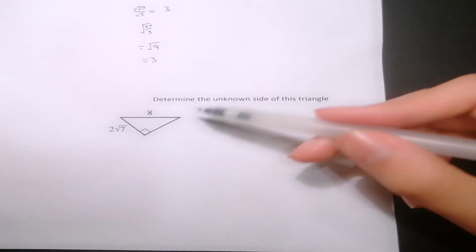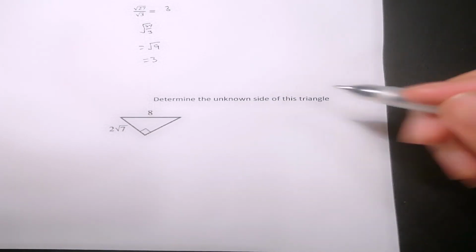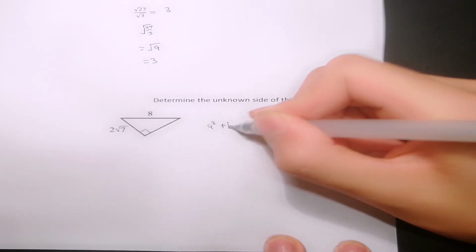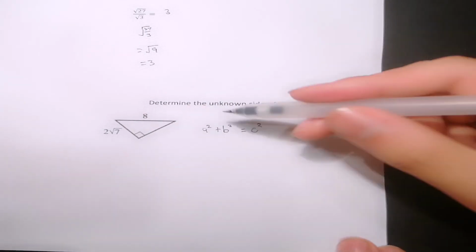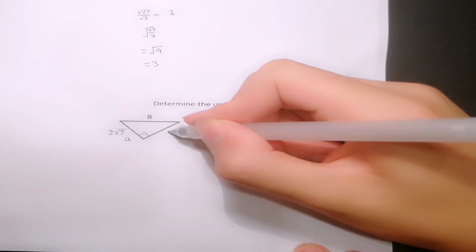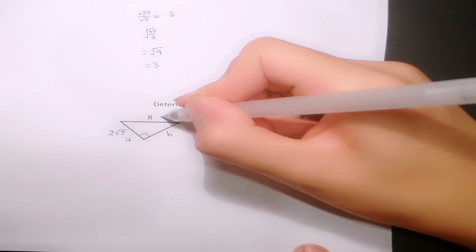On our final question, for this triangle, we have to use Pythagoras' theorem. That is a squared plus b squared equals c squared. If we identify the sides of the triangle, this is a, this side is b, and the hypotenuse, the longest side, is always c.